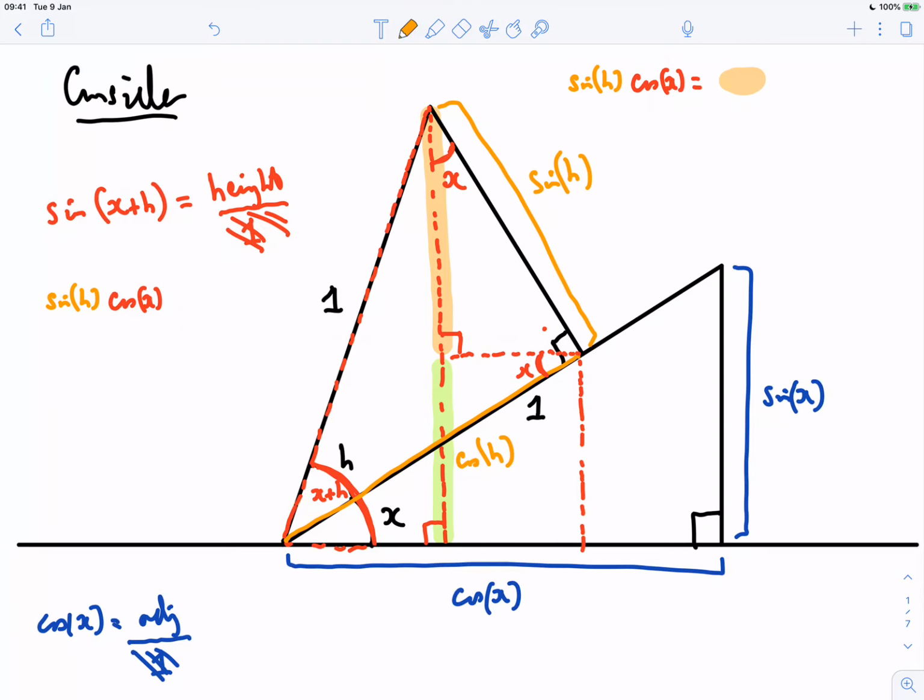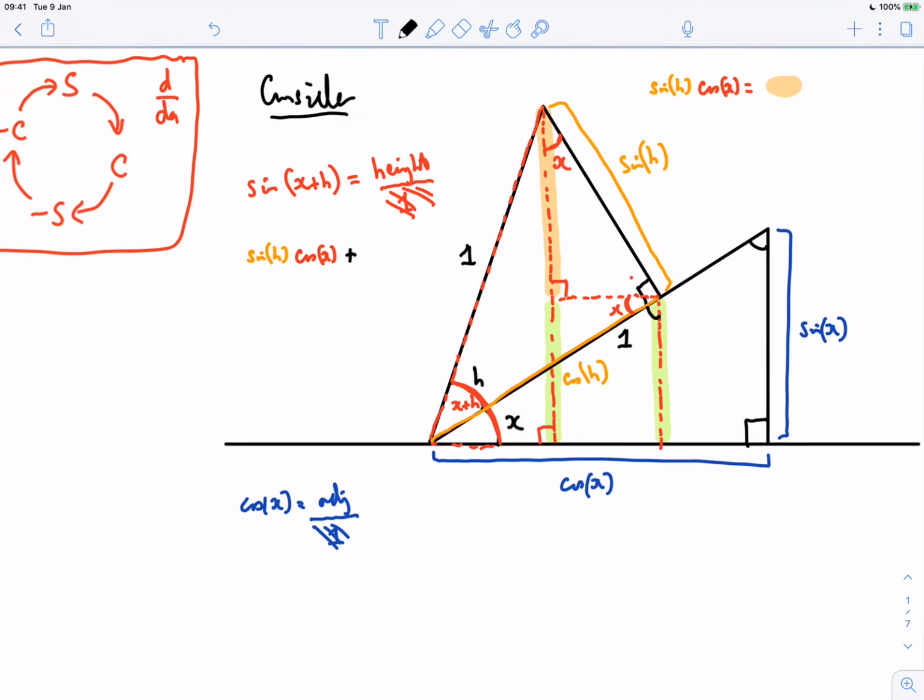And then I'm going to have to add the green height. Now I'm hoping you can see that the green height, if I move it horizontally to the right, or if I just draw it, it's the same as this height over here. Now we're going to play a little trick, because I know that this angle is the same as this one.